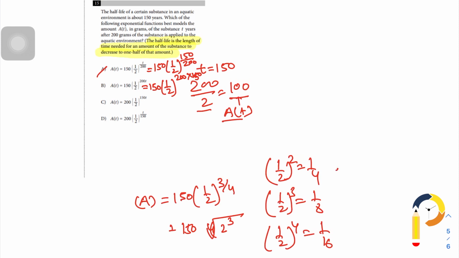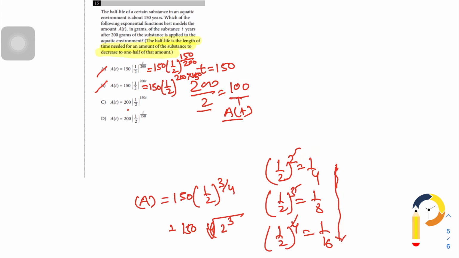So what is going on there? When the power increases, the value decreases because it is a fraction, like 1 by 4, then 1 by 8, 1 by 16. So definitely this is going to be very small. It's not going to be 100, so you can eliminate B.